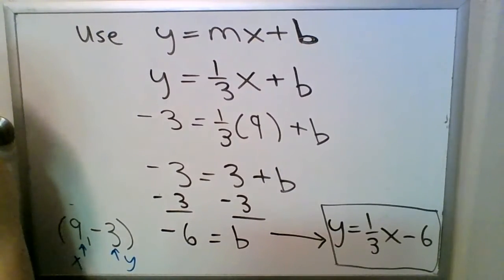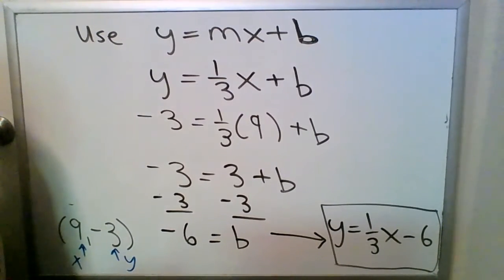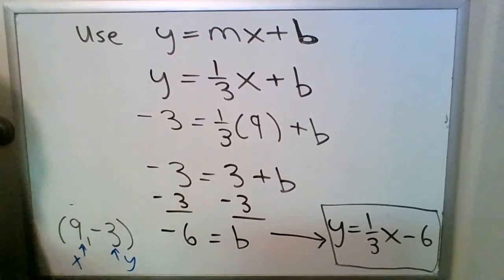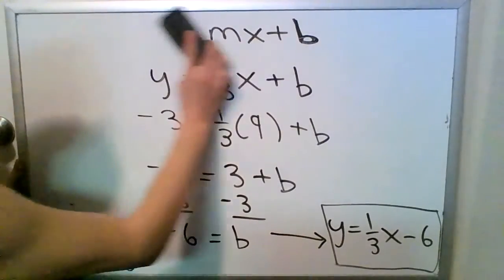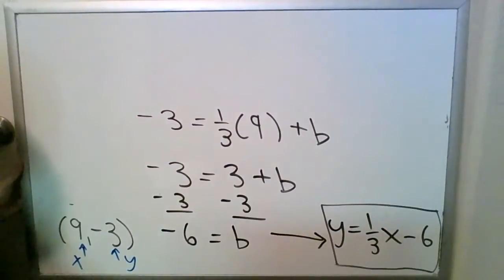Okay, I want to do one where you're not told what the slope is. We're just given some points. So find the equation of the line that passes through 2 points.